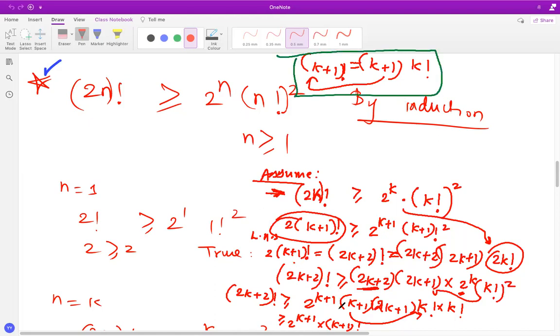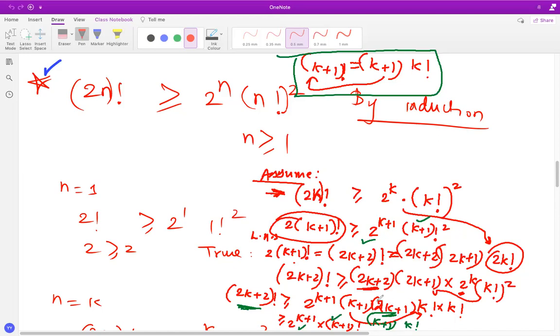Now, once you got this step, I replace 2k plus 1, a bigger number, with a smaller number, k plus 1. The inequality is not going to change; this side still will be bigger. So here, that's the reasoning marks. What I wanted is 2^(k+1), I got it. I wanted one of the (k+1)!, I got it. My intention was to get the other (k+1)!, which is this number.